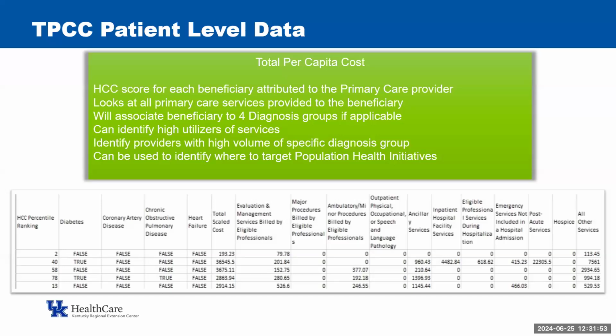Keep in mind that the higher the HCC score, the more medically complex the patient is. Those are generally your higher users of care. Total per capita cost looks at all primary care services provided to the beneficiary, and it will associate, if it can, that beneficiary to 4 different diagnosis groups. And you can see those listed here: diabetes, coronary artery disease, COPD, and heart failure. If the patient falls in one of those, it'll say true. So it's a yes or a no, but it's true or false.